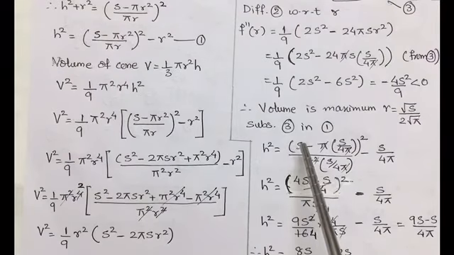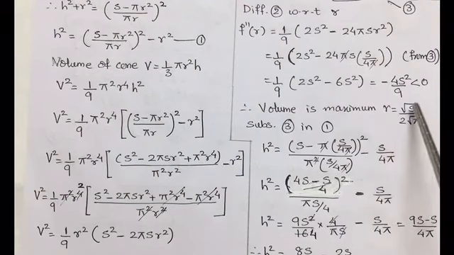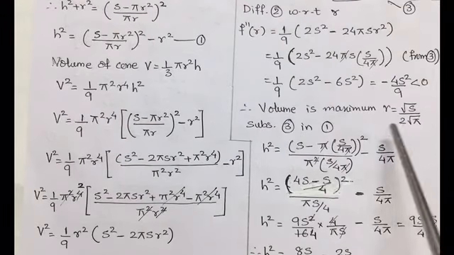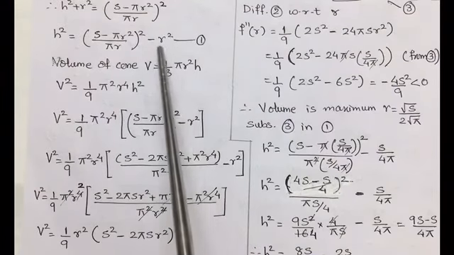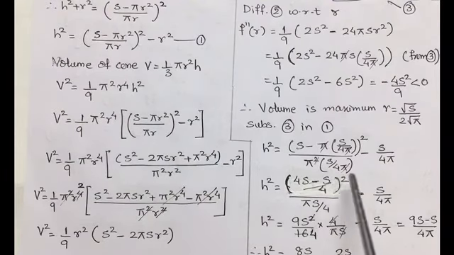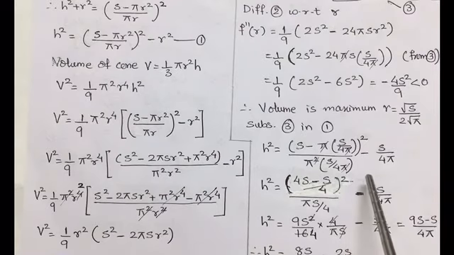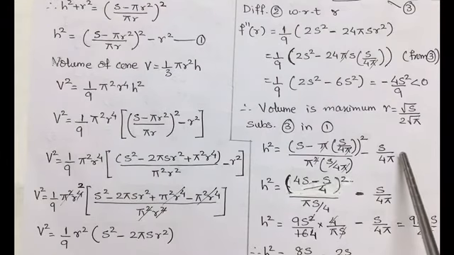Now to get the value of h, we will be substituting R square in statement number 1. R square value is S upon 4 pi, which will be substituted here. Substituting it and going for the cancellations, inside the bracket and in the place of R square outside, S upon 4 pi is kept.